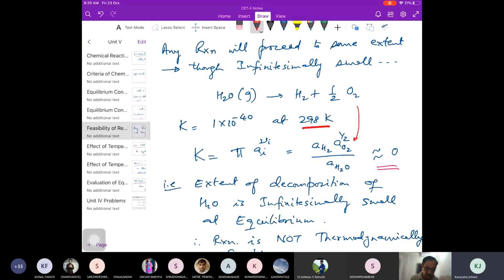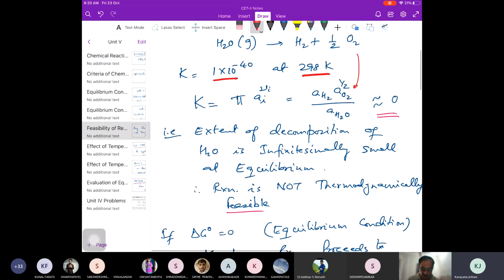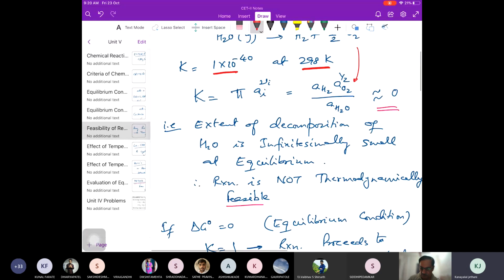And 1 into 10 to the power of minus 40 is almost equal to 0. So the extent of decomposition of water is infinitesimally small at equilibrium, and that's why we say this reaction is not thermodynamically feasible. Significant होना चाहिए, because this is almost like 1 in 10 to the power of 40. Too small to measure also. Okay.